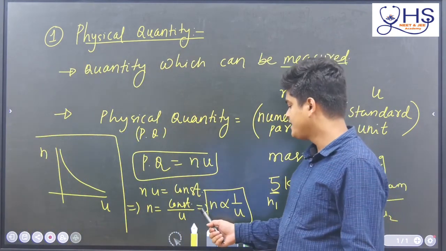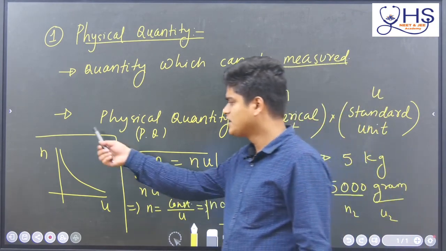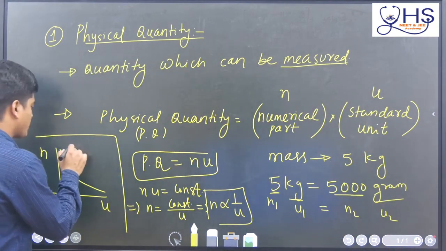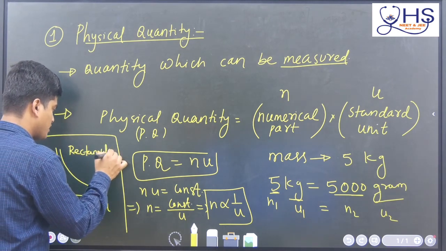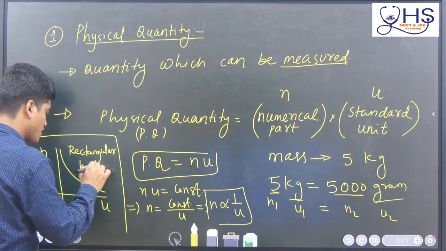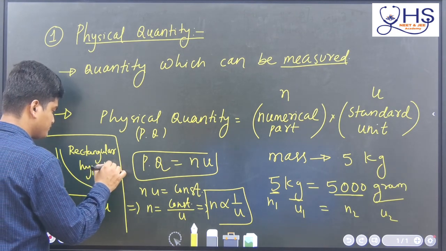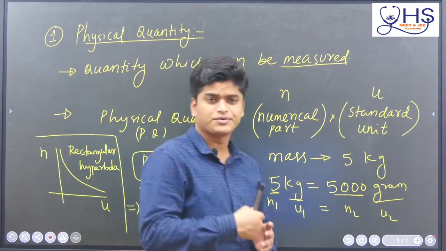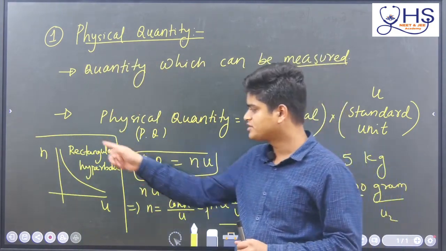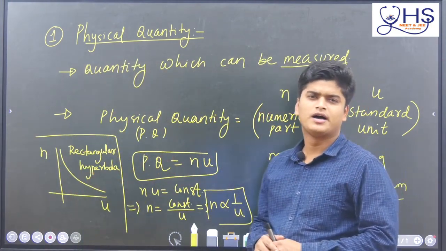Because n is inversely proportional to u, this type of graph is called a rectangular hyperbola.